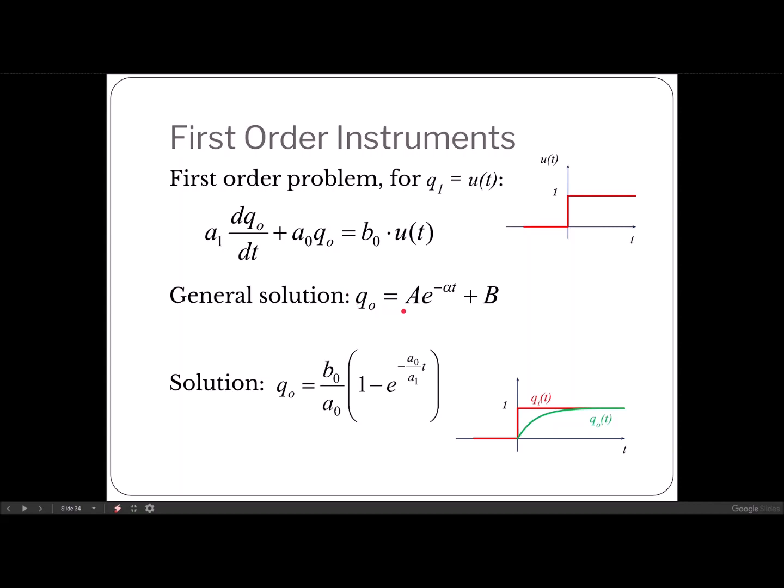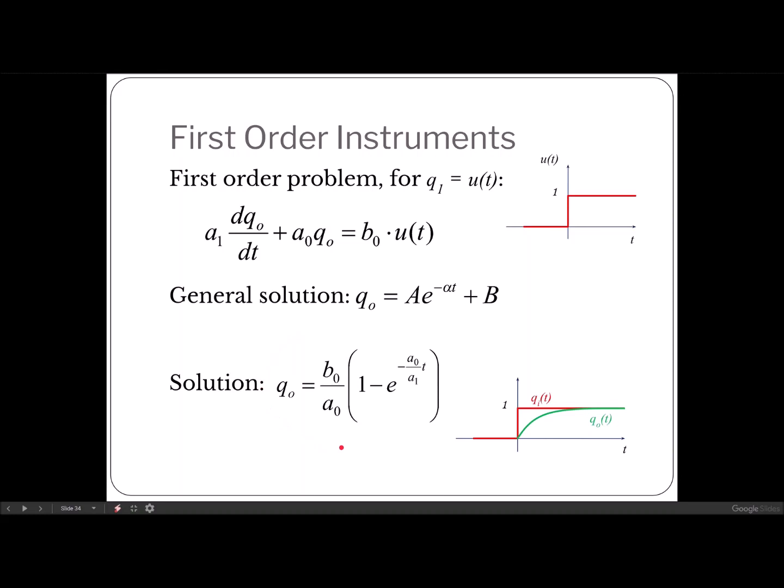So this will be the general output based on the boundary condition, the input, and the parameters of the system itself. You can find the value of capital A and capital B, and then the solution will be something like this.